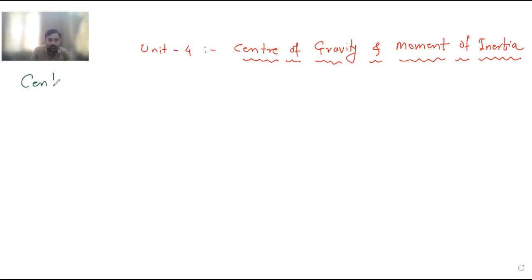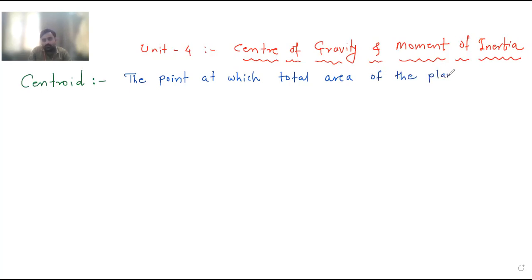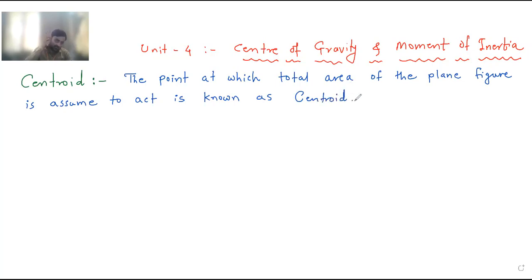So the first definition is centroid. The definition is: the point at which the total area of the plane figure is assumed to act is known as centroid.